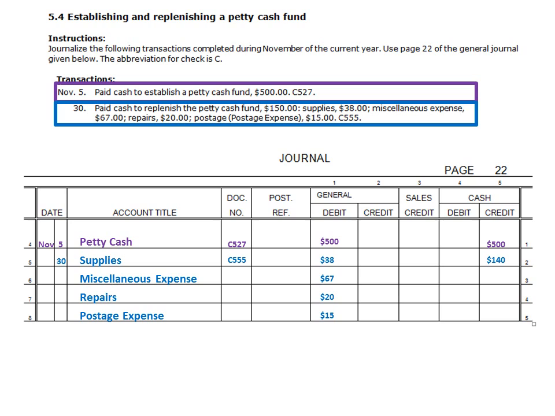The reason why we don't write 4 different checks is because we only need 1 check to replenish the petty cash fund. So that's why on the right hand side in the cash credit column you don't see a 38, a 67, a 20, and a 15. Rather you just see 140. That's because we're writing 1 check to replenish it. So then now our petty cash is back to 500 and they can start the next month and use it as needed for petty cash expenses.